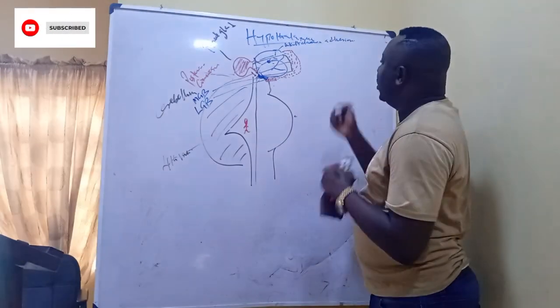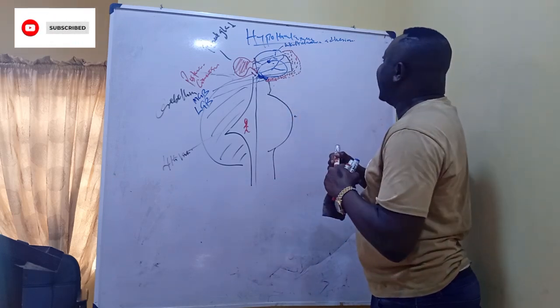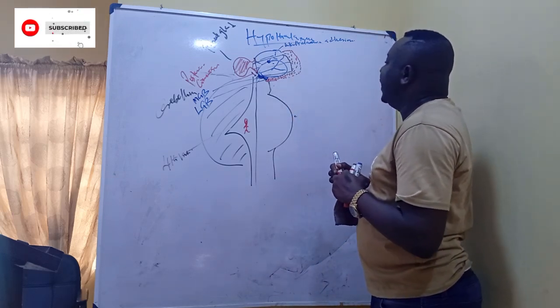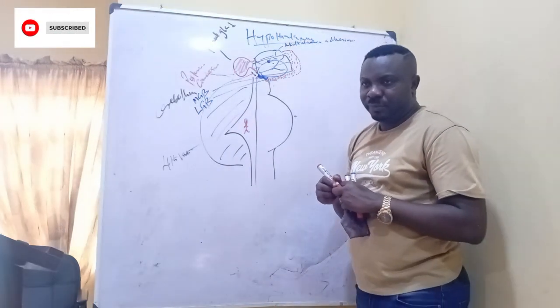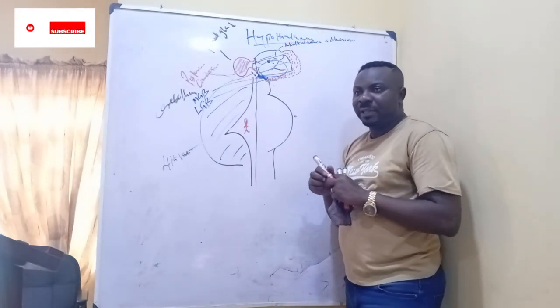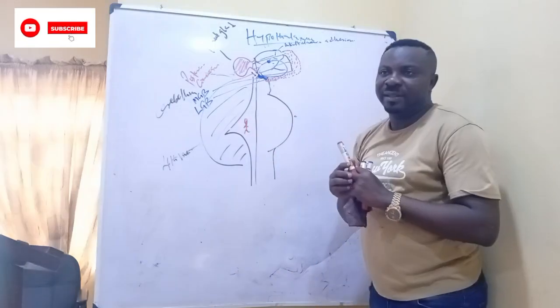Now, I can also say that the hypothalamus is posterior to the optic chiasma.